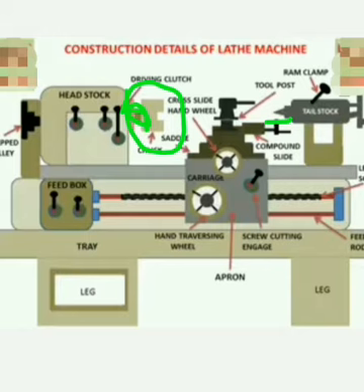The chuck may be a 3-jaw or 4-jaw chuck. The 3-jaw chuck is called a universal chuck. It is also called a self-centering chuck. The chuck is mounted on the spindle, so it is like a nut and bolt assembly.